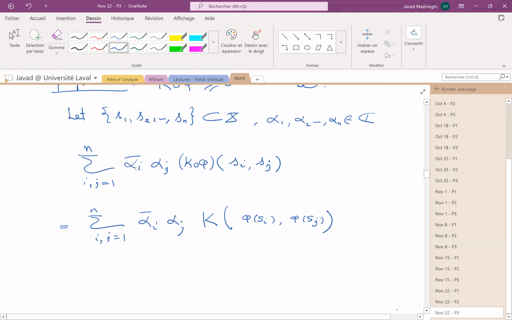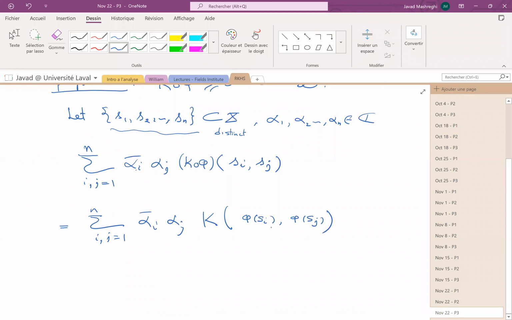True. Now, usually we assume that s1 up to sn are distinct, so we usually add this, even though it is not needed. But even if we add that s1 up to sn are distinct, phi(s1), phi(s2) up to phi(sn) are not necessarily distinct.